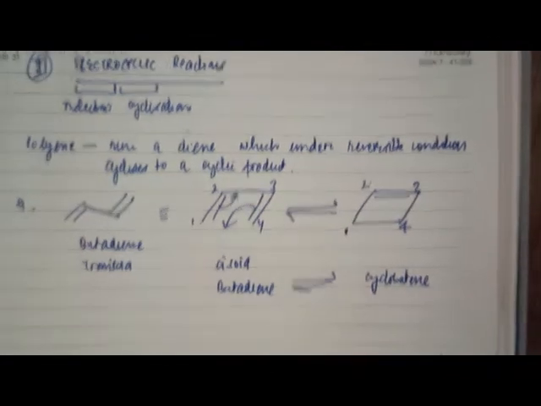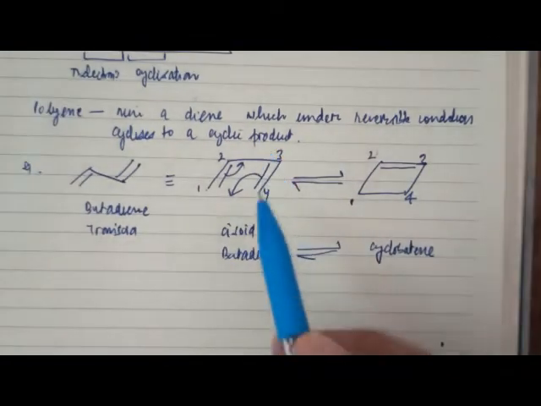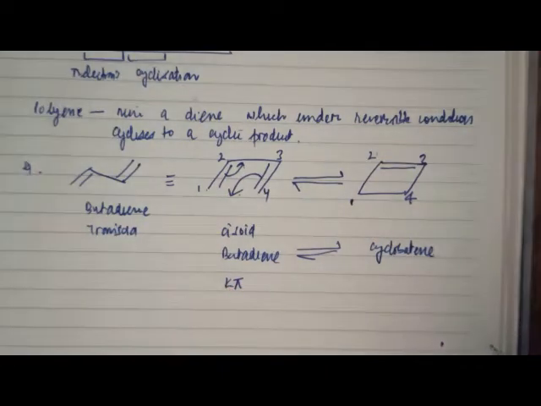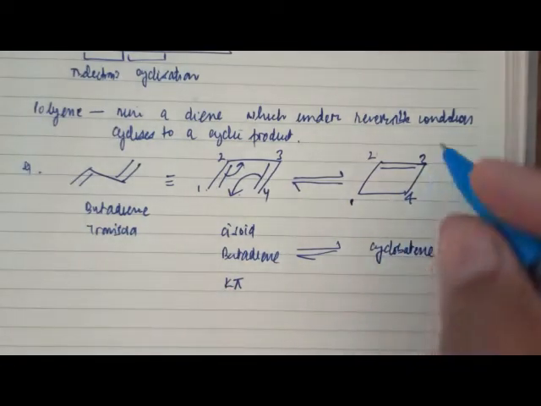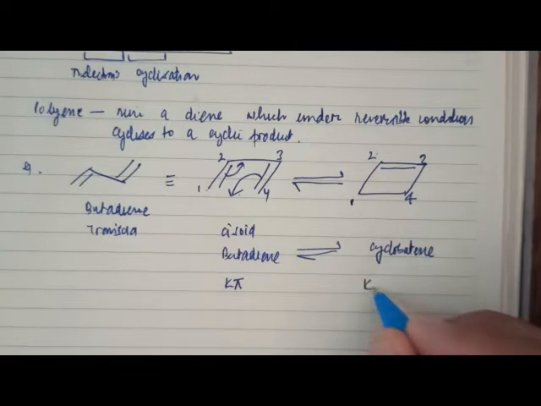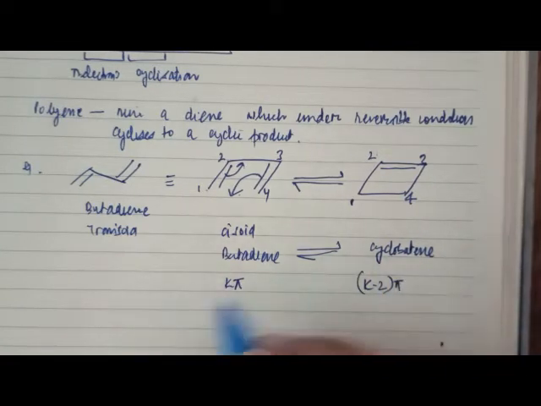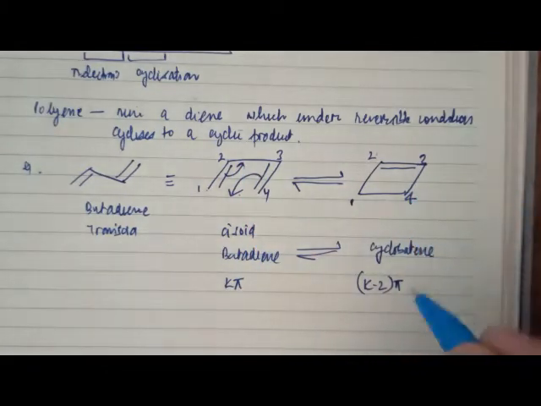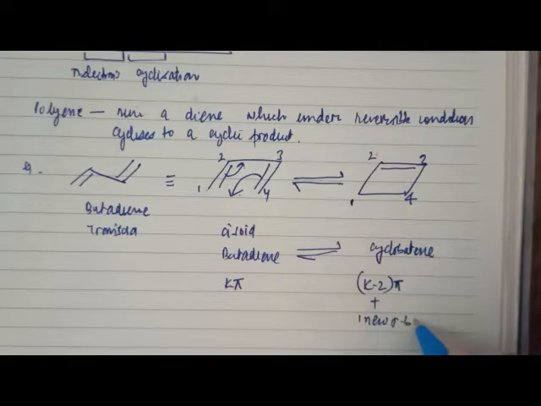If this kind of a process occurs in which an acyclic component having k pi electrons, let's say, cyclizes to a cyclic product, how many pi electrons does it have? Two electrons less than the acyclic part. That is, if it had k pi, this has k minus 2 pi, and it forms one new sigma bond.